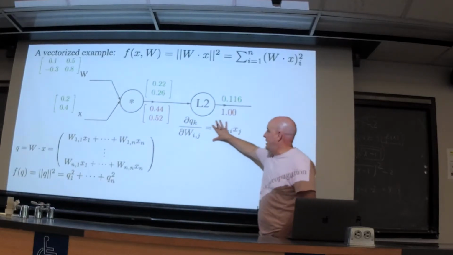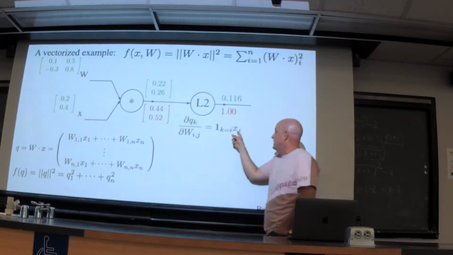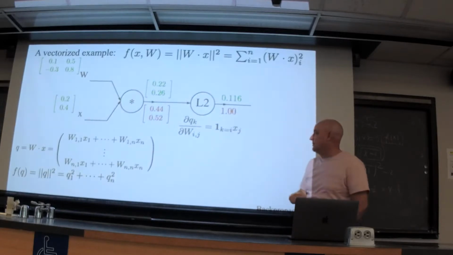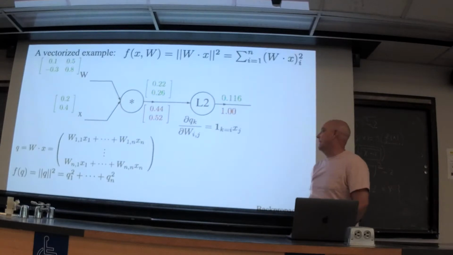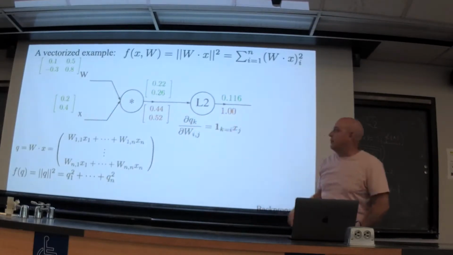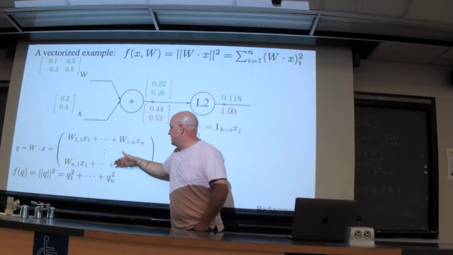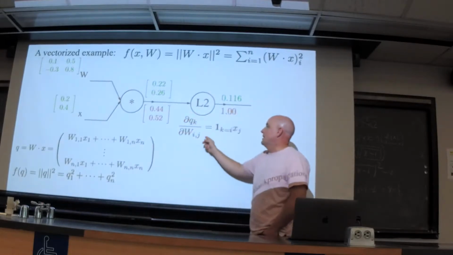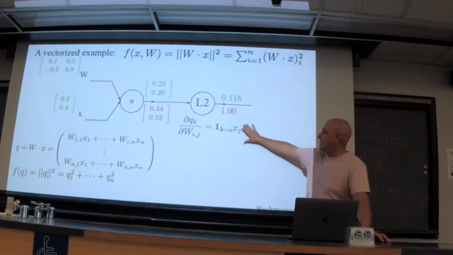So this complicated formula right here just says this is just going to be the entries of x as I move from the first row to the last row. This is a compact way of writing down the gradient of each of Q1, Q2, Qn with respect to the entries of W. It looks complicated, but it's very, very simple.